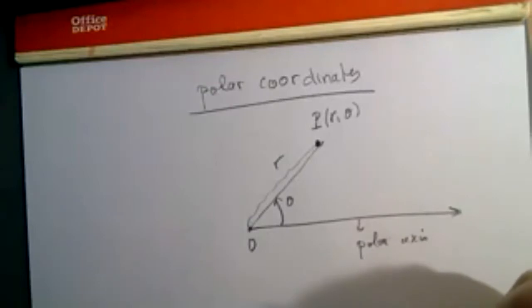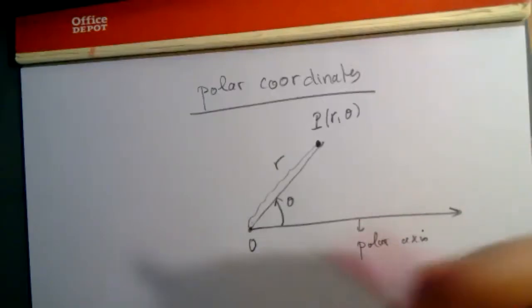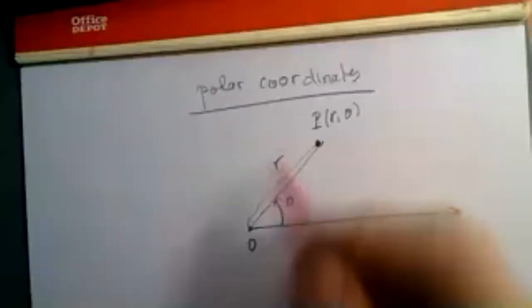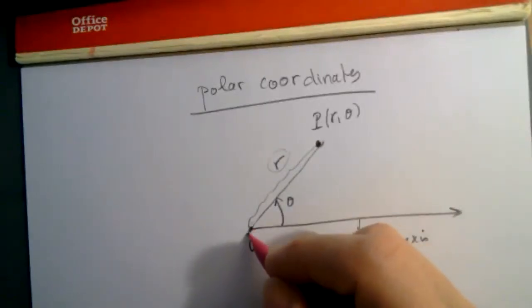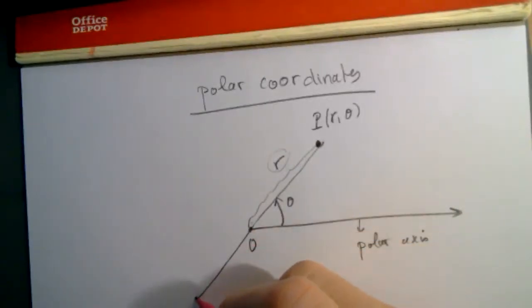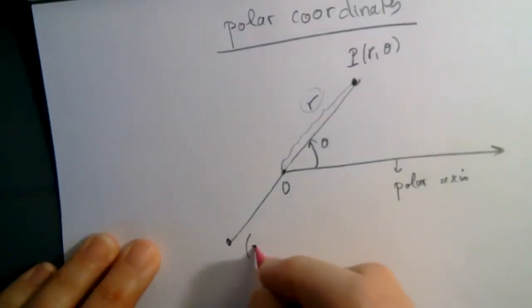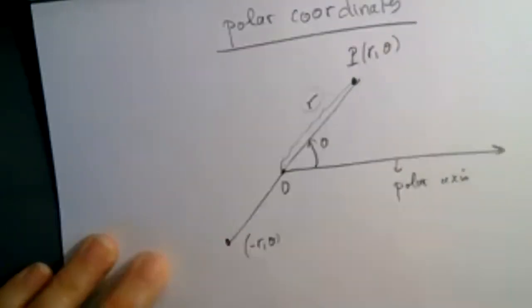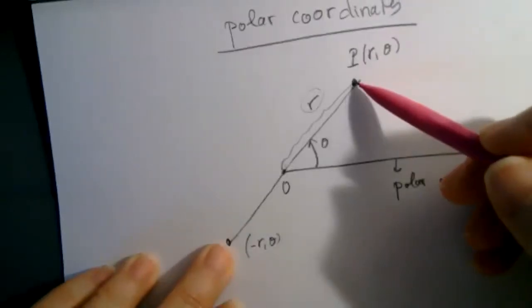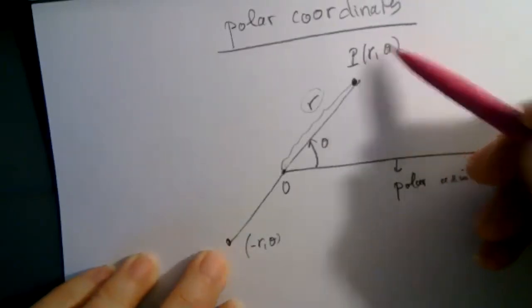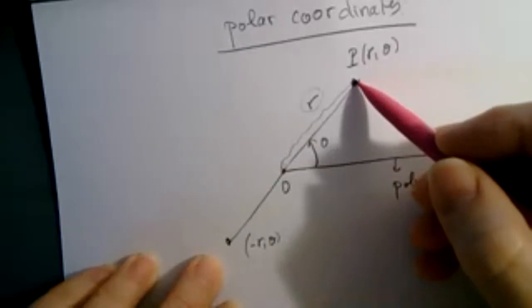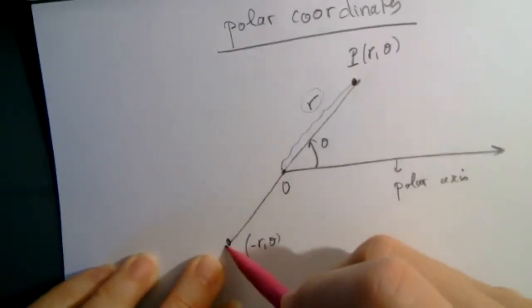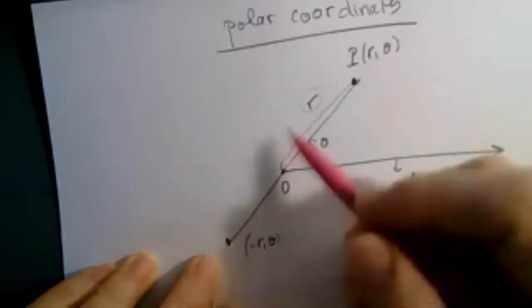And then we extended this definition to allow R to be negative. The way we extended it, we said that if R is negative, then the point with coordinates (-R, theta) is basically the point which is opposite to (R, theta). So if (R, theta) is in the first quadrant, (-R, theta) will be in the third quadrant, and so on and so forth.